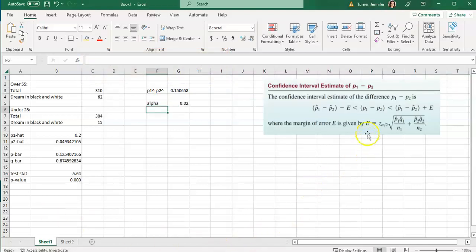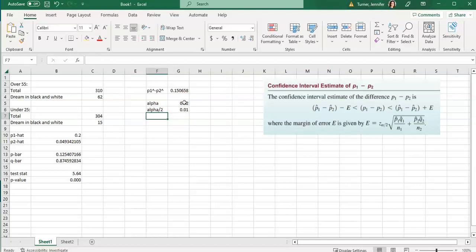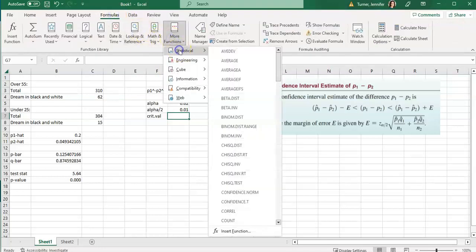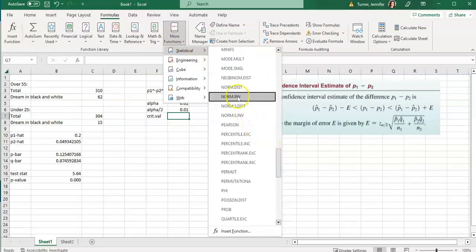But we weren't looking at alpha here, we were looking at z of alpha divided by 2. So right here we can say alpha divided by 2, and that's very easy. We start with an equal sign and just click on the alpha and divide it by 2 and hit enter, and that's it. So now the critical value is going to be a formula. So if we go up to the formulas, more functions, statistical, and we go to the norm.inv function.